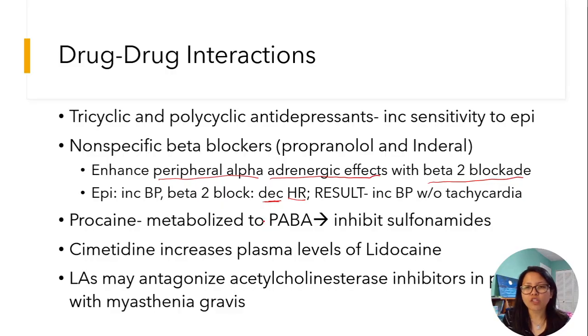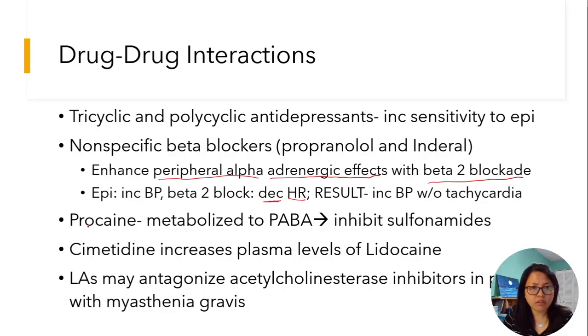The patient would actually have an increase in blood pressure without any accompanying tachycardia. The downside is the patient would have an increase in blood pressure but doesn't feel it because their heart rate is normal. That's why we have to be careful in administering local anesthetics. It's not all the time that an increase in blood pressure would be accompanied by an increase in heart rate. Okay?